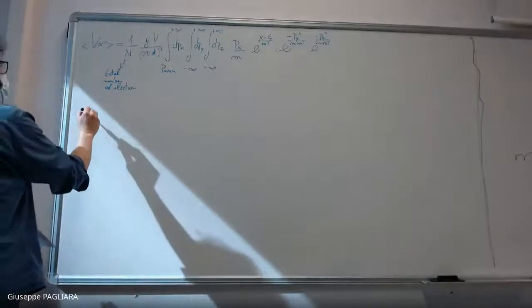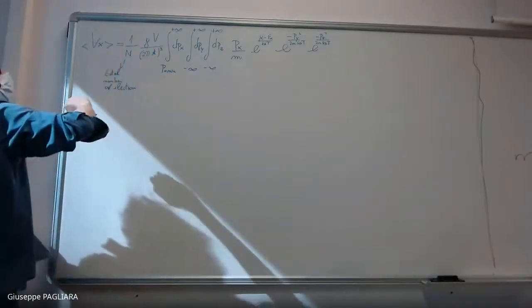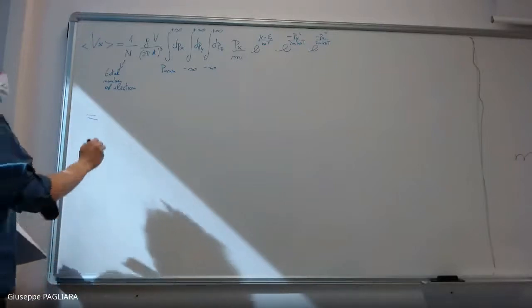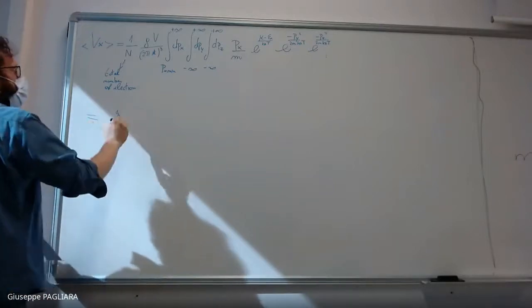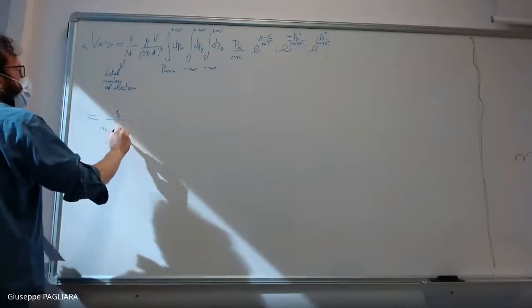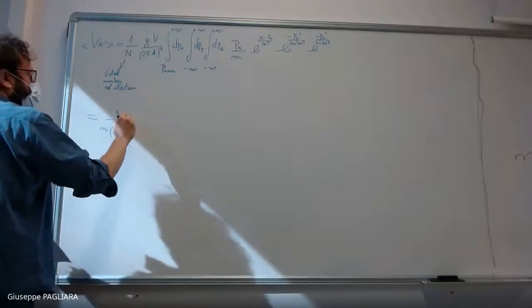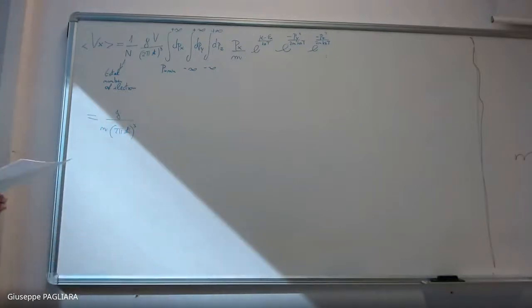Now, V divided by N is just 1 over the density. So you have g divided by the density, times 1 over (2 pi h bar) cubed. And then I can do the integrals of dpy and dpz.